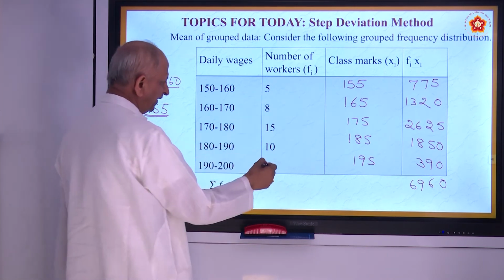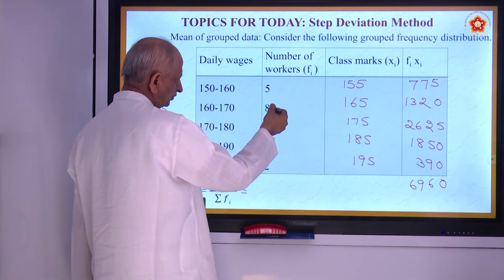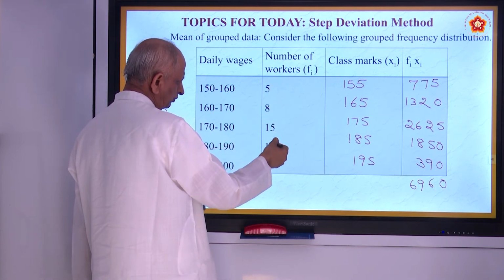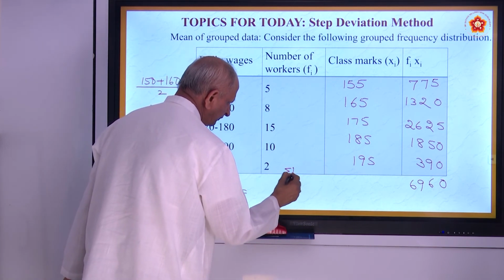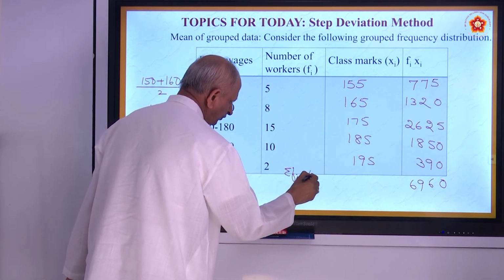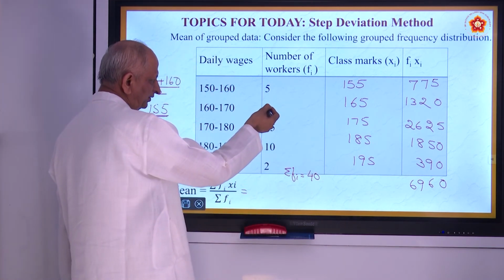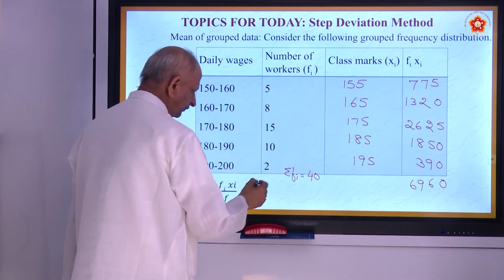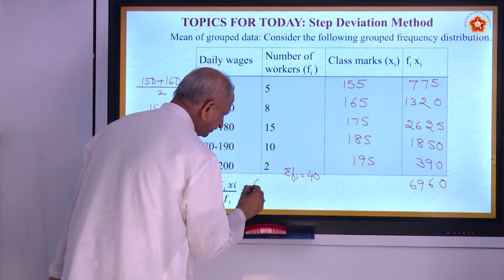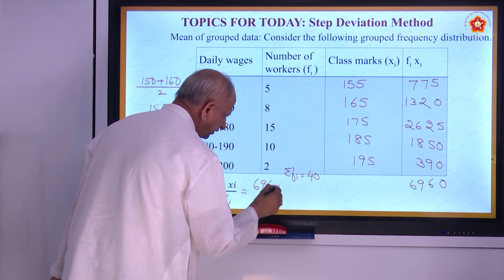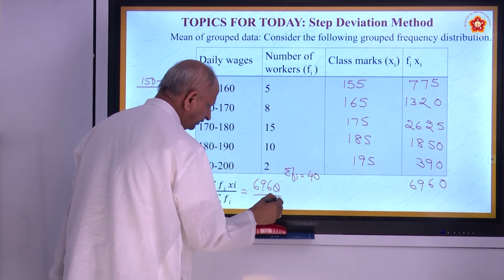So what is sigma fi? All this, add it. So sigma fi becomes 40. So the mean is 6,960 by 40. So 0 0 cancels.